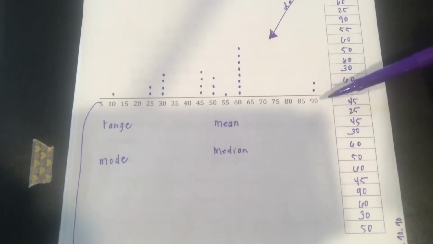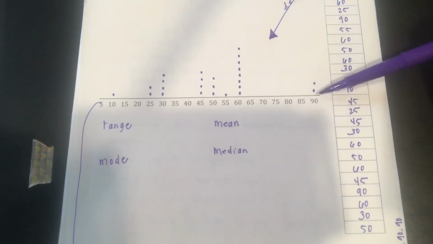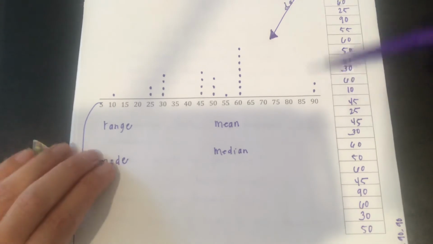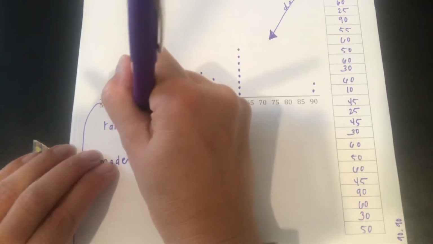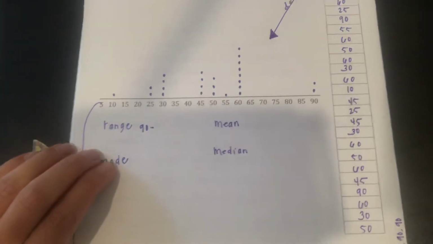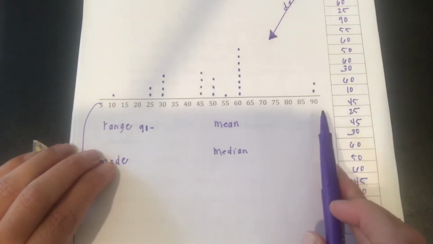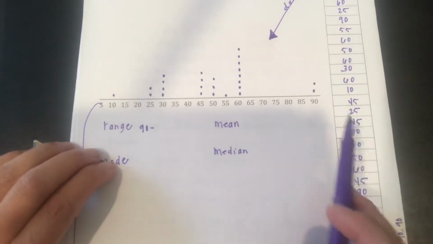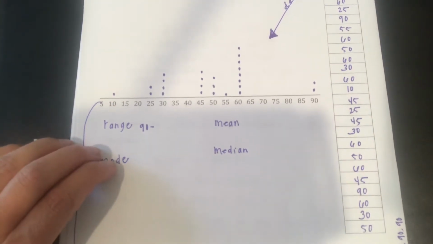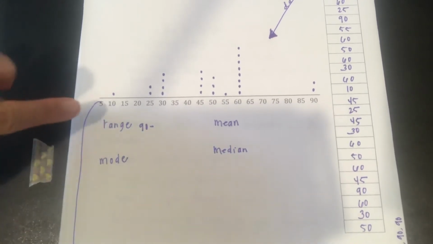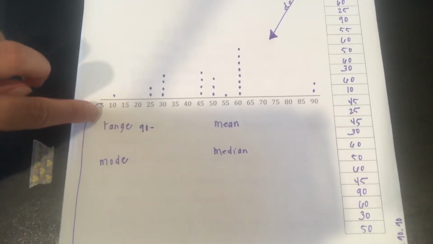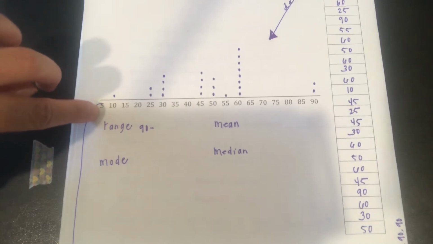So my highest number would be 90 because I do have data at the 90 number here. So you take the highest marked data on your dot plot and you subtract it from the lowest marked data on your dot plot.